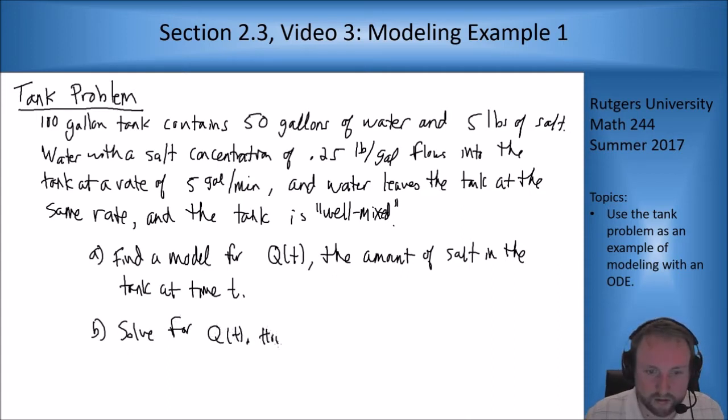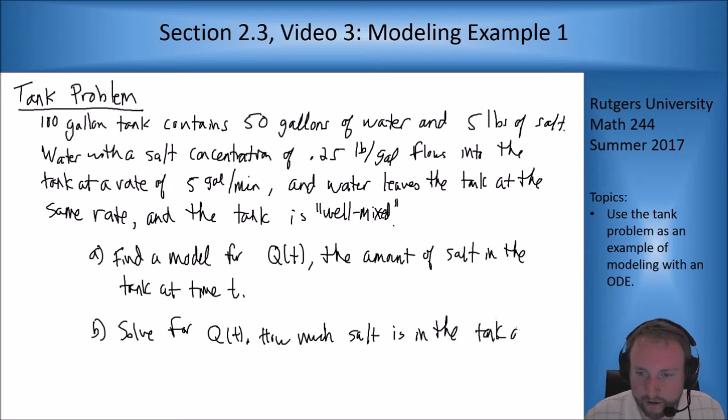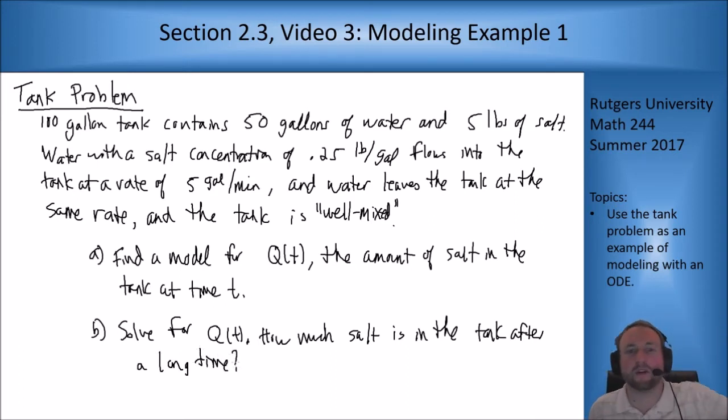How much salt is in the tank after a long time? So I'm looking for, as t gets bigger and bigger and bigger, what happens to the concentration of salt in the tank? Or the amount of salt in the tank, sorry. All right, there is our problem. I'm going to scroll down a little bit so I can start working on it, but that's what we're trying to do.